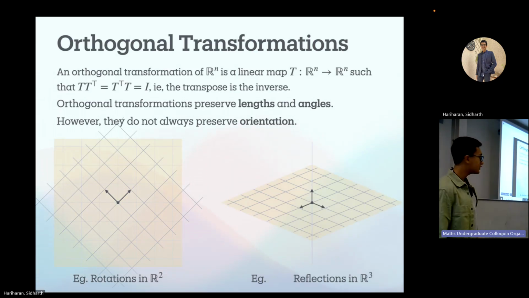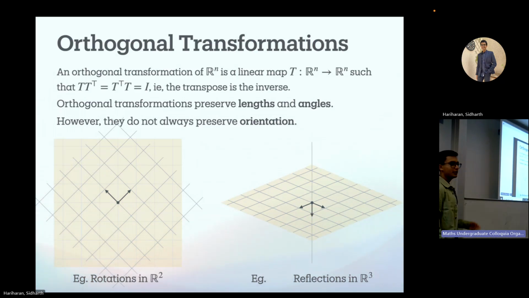So you have something like this. This is R3. I've done my best to represent it two-dimensionally. It's a little clunky, but let's go with it. If I were to do this reflection, obviously that's not going to preserve the way that things are oriented. This is still an orthogonal transformation.